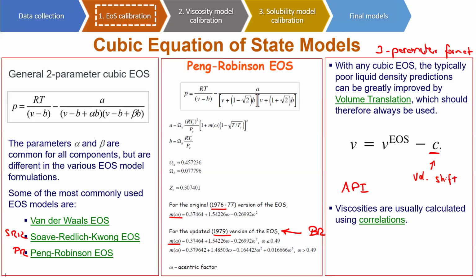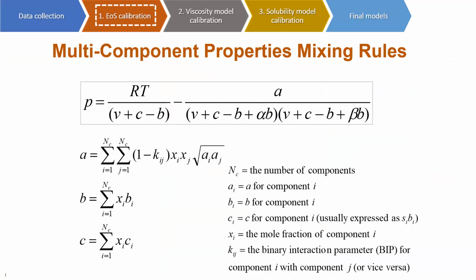The way that the equation is shown for you in this slide, the equation in this format is valid only for pure component. However, for us, it's essential, it's mandatory to work with mixtures. So to move from pure components to model mixtures, we need something more. You need to add mixing rules. Okay, so mixing rules are how we can combine properties from the pure components in order to model mixtures.